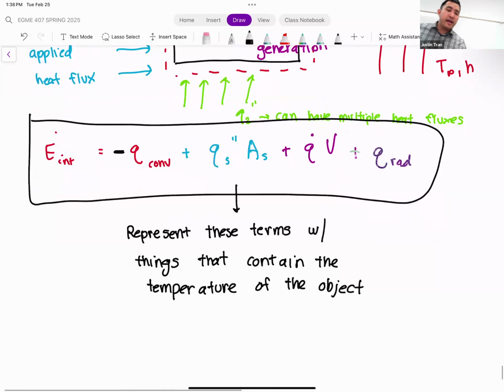Because essentially what we want is an ordinary differential equation to solve for the temperature of the object itself.